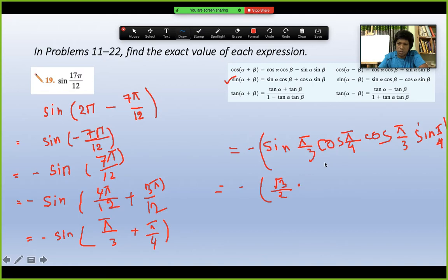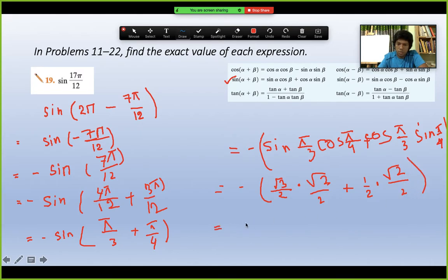Then cos pi by 4 means root 2 by 2, 45 degrees. Then we have a positive sign here, plus cos pi by 3, which means 1 by 2. Then sin pi by 4 means root 2 by 2.